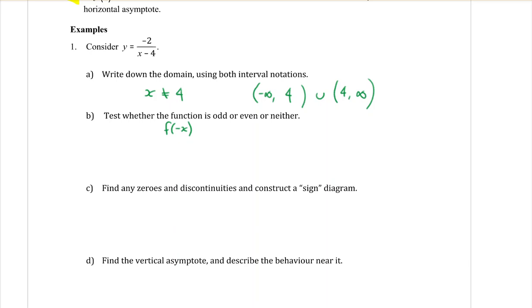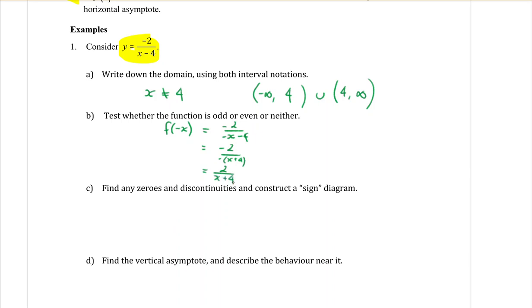So into my function up here, I'm going to replace the x with a minus x. So it'd be negative 2 over negative x minus 4. Now I could take a negative sign out of my denominator. So it'd be negative 2 over negative x plus 4, and that means that I could cancel the minus from the top and the bottom, giving me 2 over x plus 4.